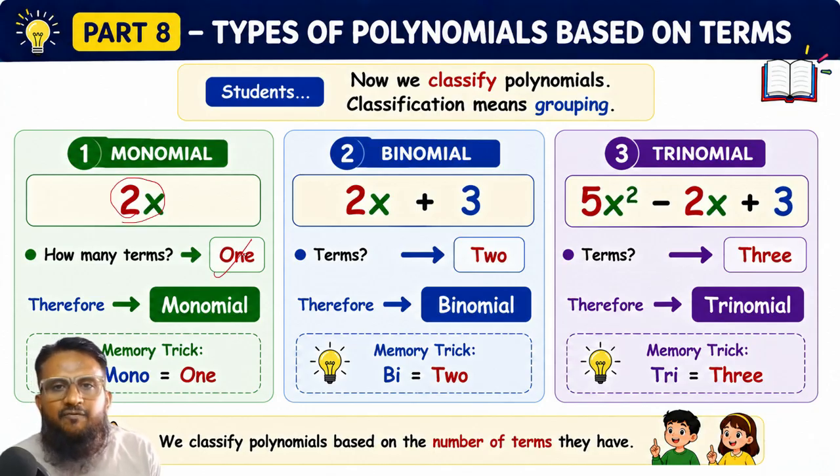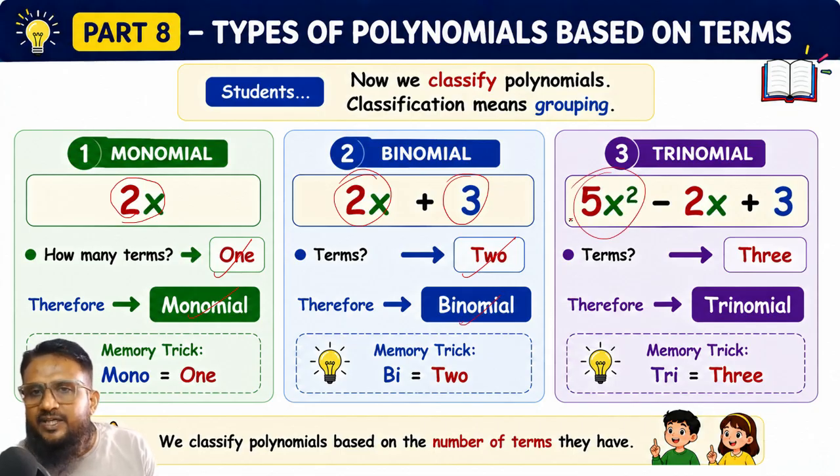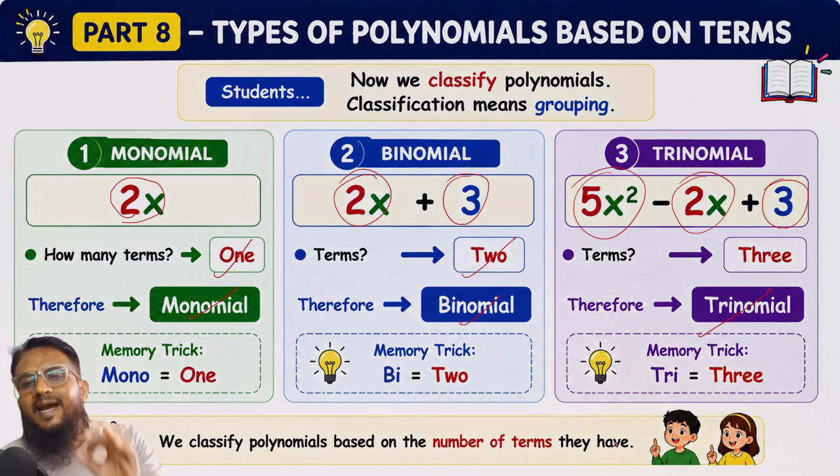So on the basis of one term, it becomes a monomial. In the second polynomial, there are two terms, 1 and 2. On the basis of two terms, it becomes a binomial. In the third polynomial, 5x square is one term, 2x is another term, 3 is another term. Total terms are 3. On this basis it becomes a trinomial. Now, we classify polynomials based on the number of terms they have.